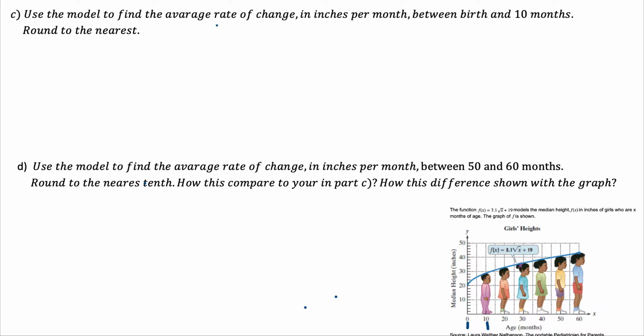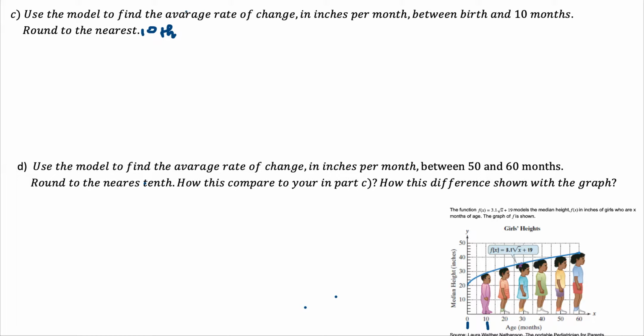Use the model to find the average rate of change in inches per month between birth and 10 months, rounded to the nearest tenth. Let me write a tenth here because I forgot to write it.